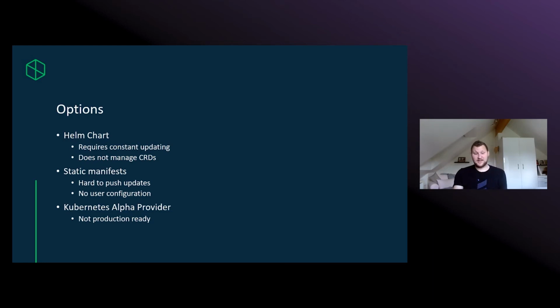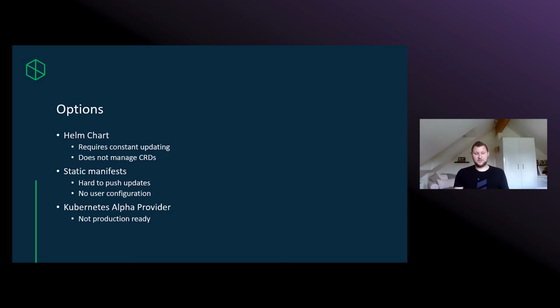Another option was static manifests, just publishing the manifests and then allowing the community to, for example, use the kubectl provider to apply that to your cluster. It has its downsides of not really enabling any user configuration, but also it would be difficult to push and force updates for the Flux controller components, as my guess would be that a lot of users would copy these manifests and then have them live in their own Git repository, which would make the updating process a manual step.